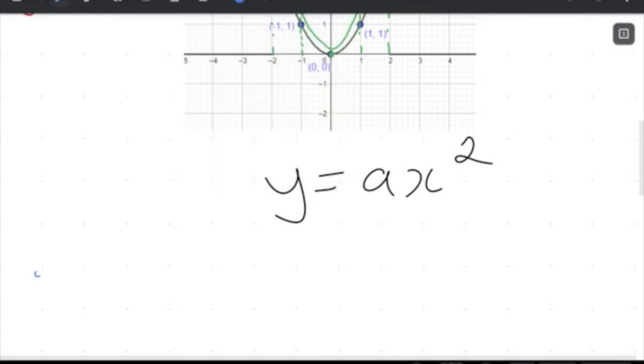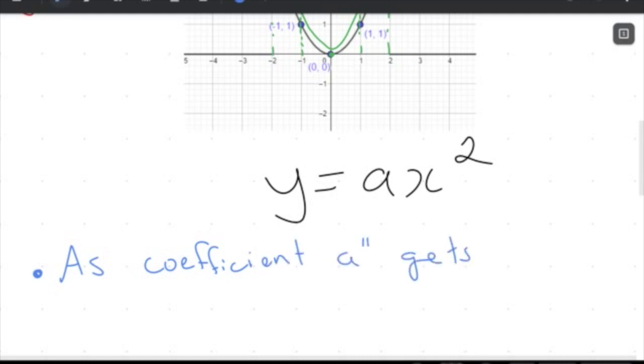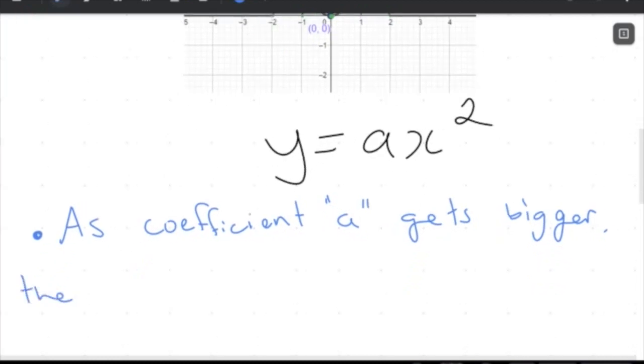So as the coefficient A gets bigger, the graph gets steeper or narrower.